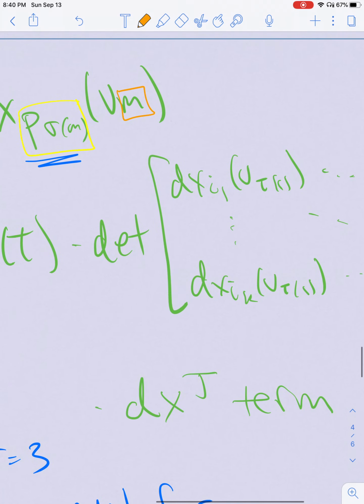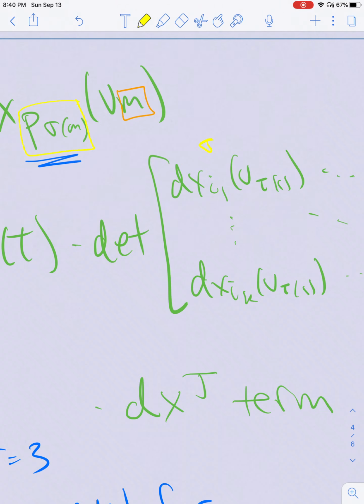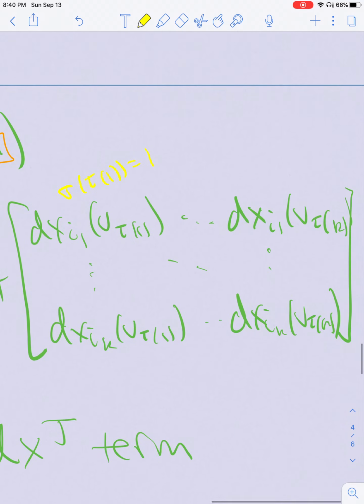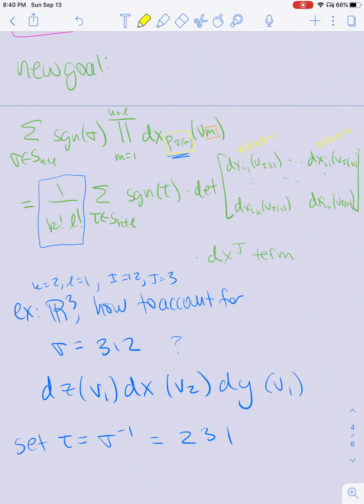So now my permutation is happening in the vector, but what I want is sigma of tau of 1 to equal 1, and sigma of tau of k to equal k, etc. And that will give me, at least along the diagonal, exactly the elements here.